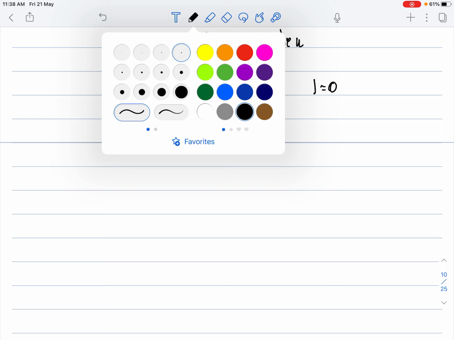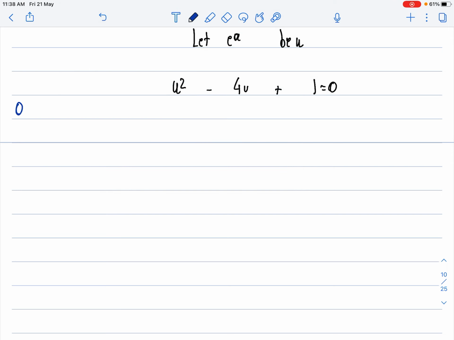Now I can solve this quadratic on the calculator. On the calc, you go to mode, then click on 5 where equation is written, then click on 3. When you click on 3, you get 3 coefficient boxes.